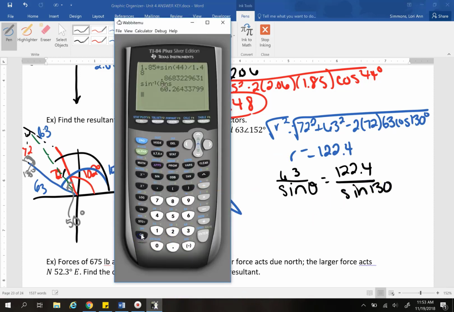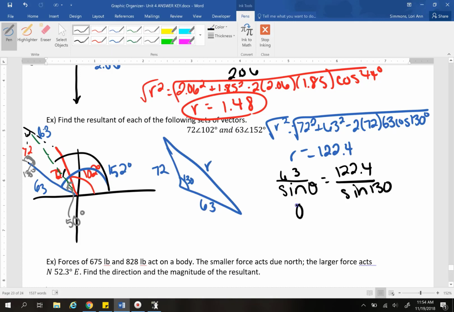Cross multiply. 63 times the sine of 130 divided by 122.4. And then take sine inverse. We get 23.2. So that's this angle, which is the same down here.